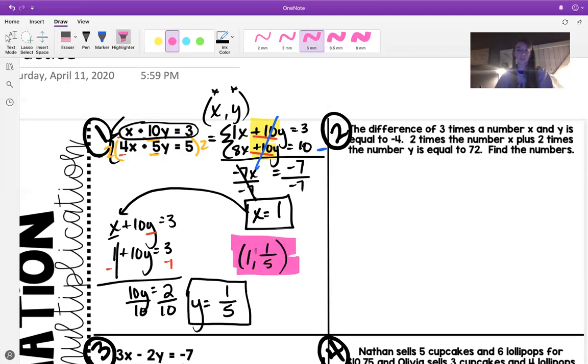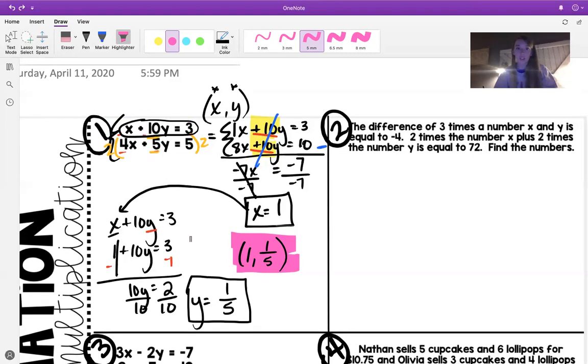Good. All right, first one done. And again, just like in substitution, you can pull up Desmos calculator, type in these two equations at the beginning. You don't even have to do the multiplication step, and you can check and see if it intersects at this point right here. Okay.